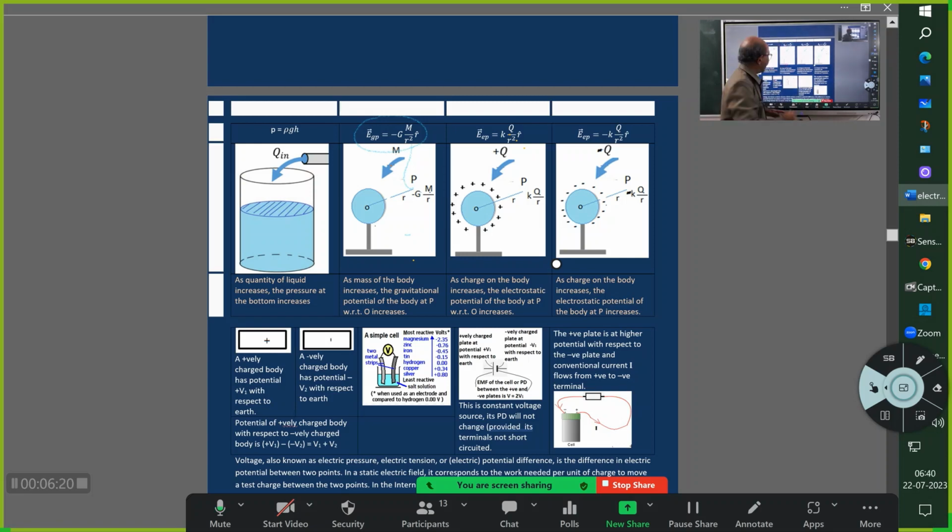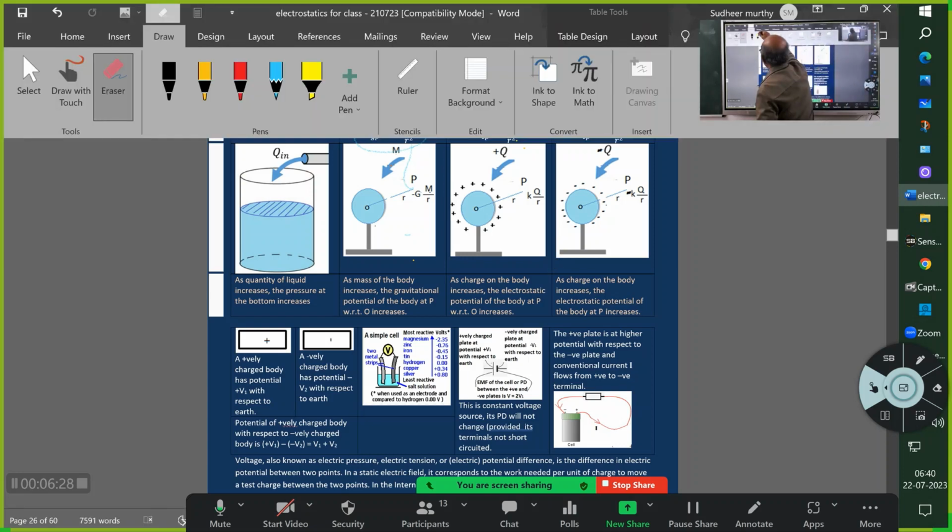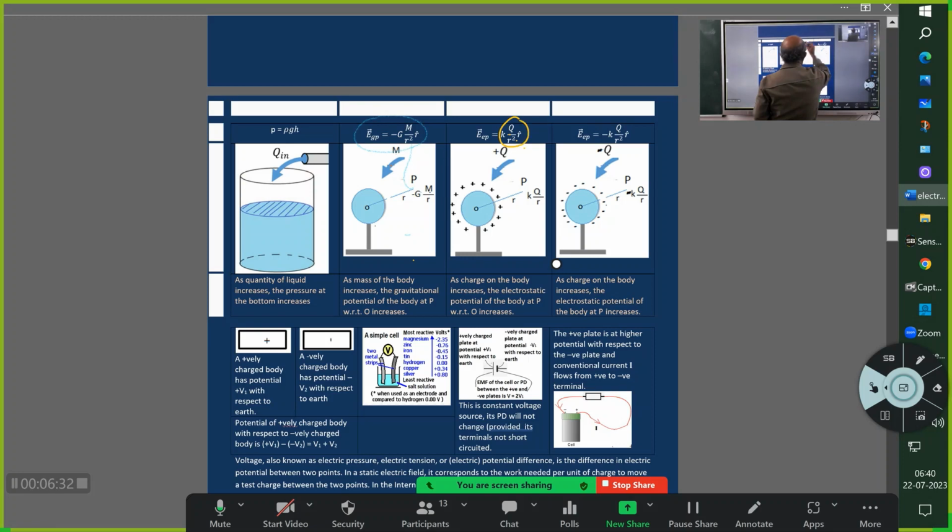What is the value of the intensity? That is given by this formula, KQ by R square. This formula gives the value of the electric field at this point. Here I am not placing any charge, but the electric field is there.